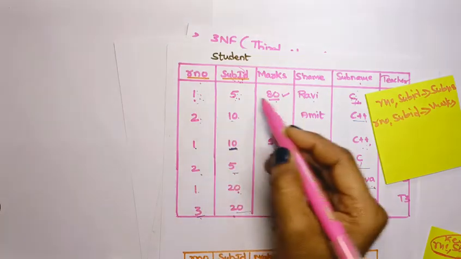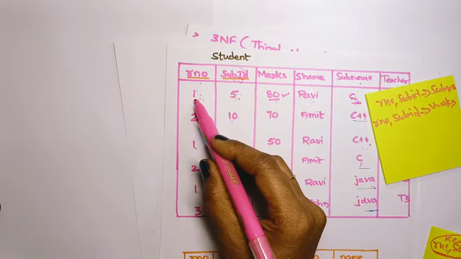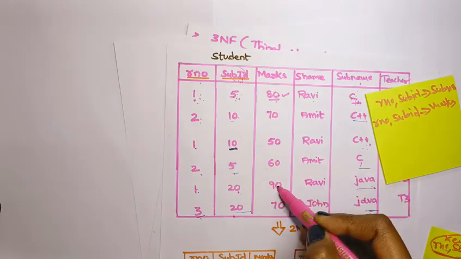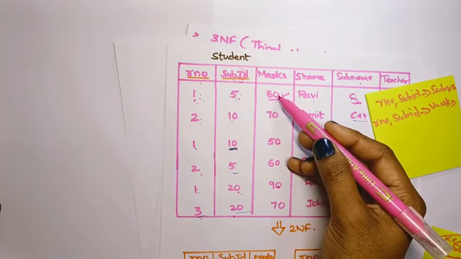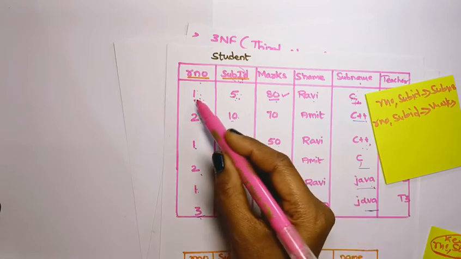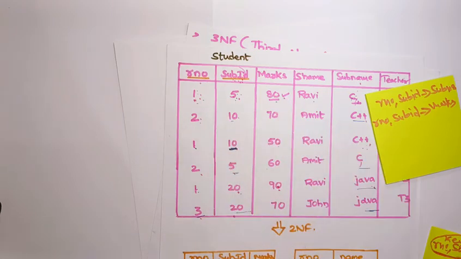Roll number alone cannot identify the marks. Why? Because roll number 1 is having marks 80, 50, 90. So which marks will you tell? 80 or 50 or 90. The roll number alone cannot identify the marks of a student.